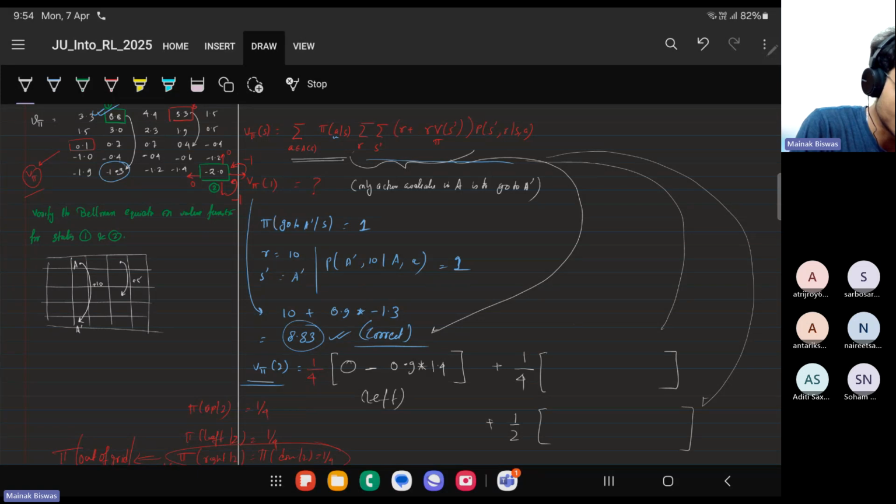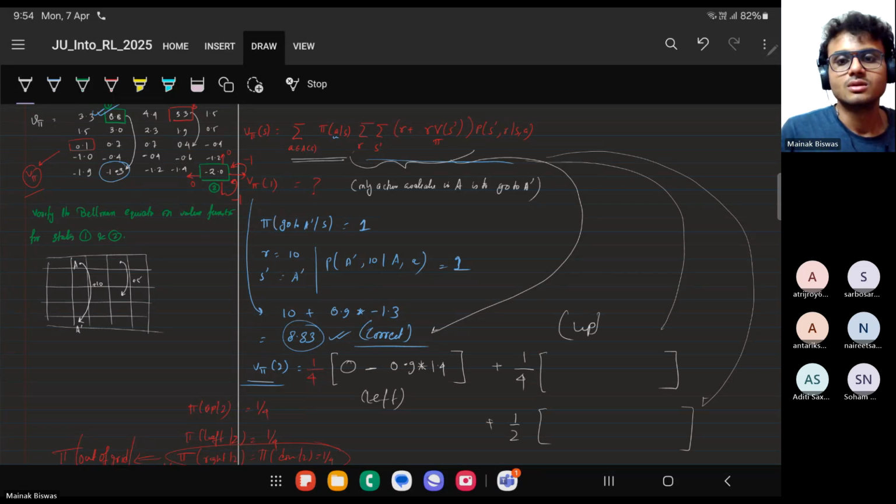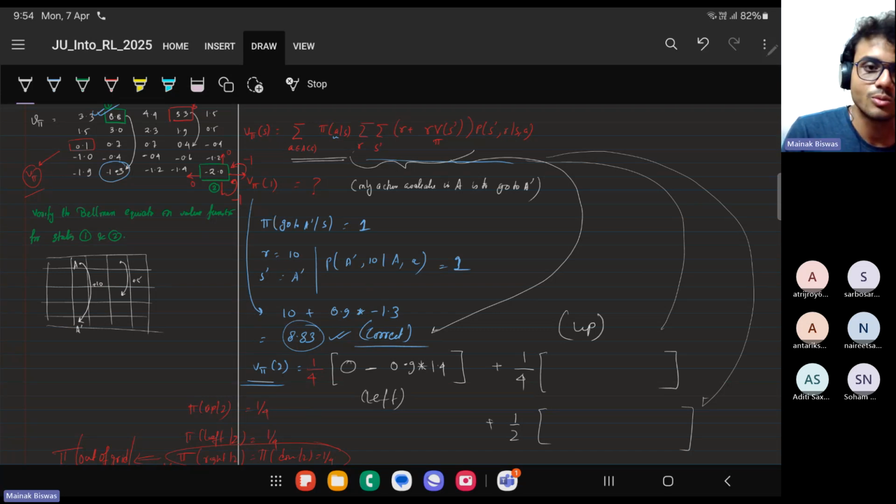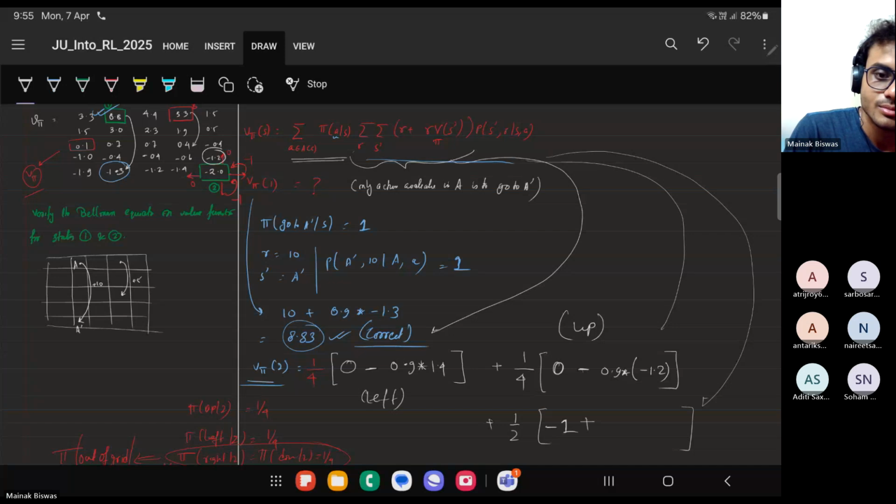For the up, anyone else? Feel free, no worries. So if you go up, you will get a reward of 0. You have the state value 1.3 and this is 0.9. That's it. And for the outgoing cell, reward is -1 and you return to the same state. That is 0.9 into 2. Right?